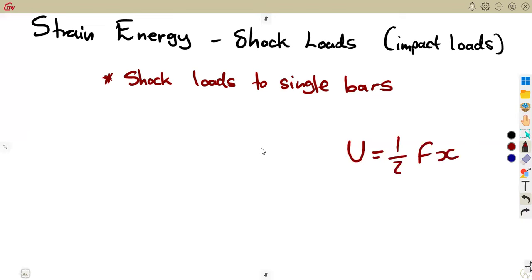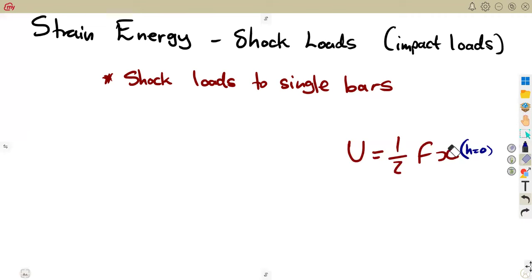We had this because the height was equal to zero. There was no movement of the load that is being given, so we did not notice the effect of that height.